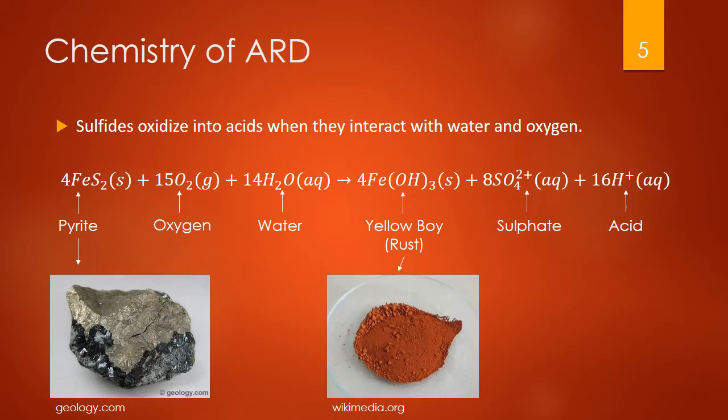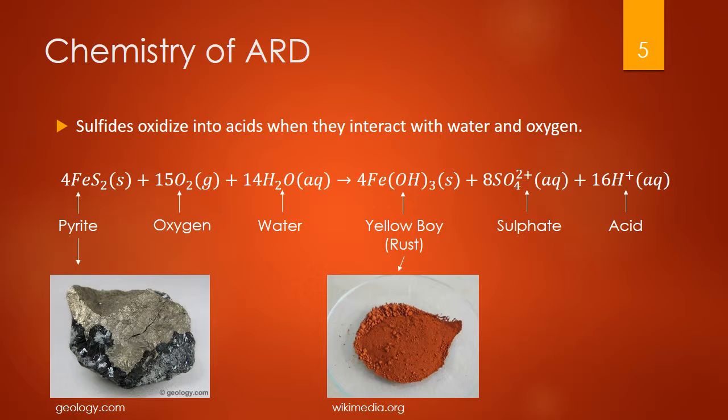So how exactly does acid rock drainage happen? What is the chemistry that's going on? Well, in this formula here, we can see that we have iron sulfide, which is the FeS2 on the left side of the screen, also known as pyrite.